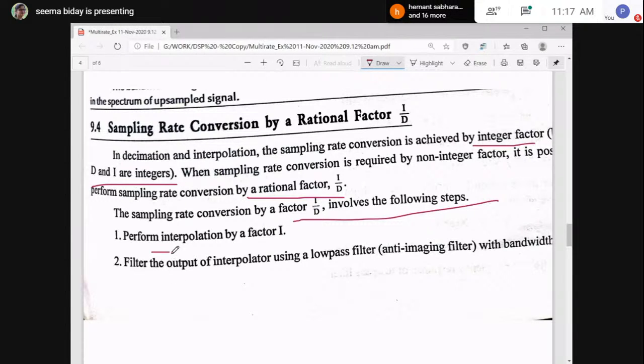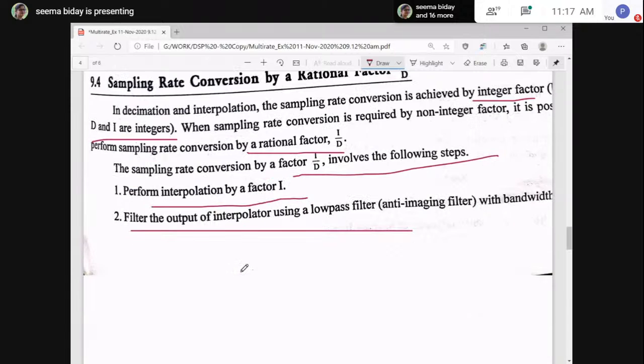First, perform interpolation by a factor of I. Now filter the output. Practically, whenever you are using an interpolator or decimator, it should always be associated with a filter.